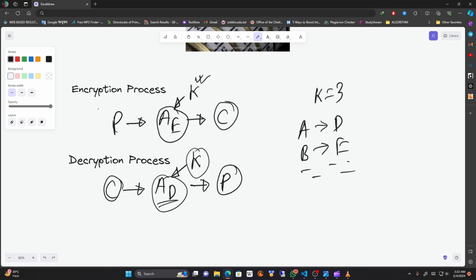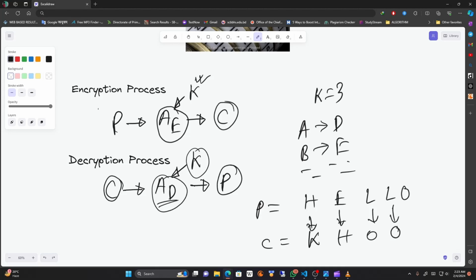For this example, if we take a plain text as hello, then we'll get a ciphertext like this, where H becomes K and E becomes H, L becomes O, and O becomes R. So this KHOOR will be our encryption message for hello.